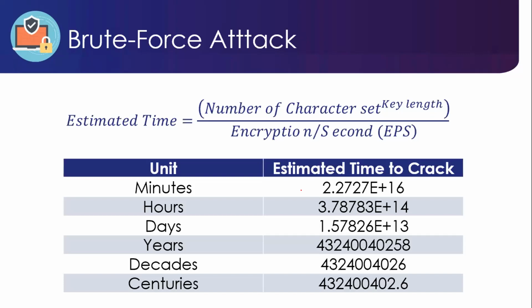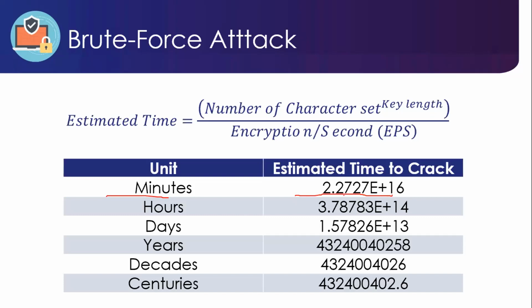That is the speed of the computer in the encryption process, so it will divide by that. Based from the study, if it is in minutes, it is actually above, I don't know what term for this one.